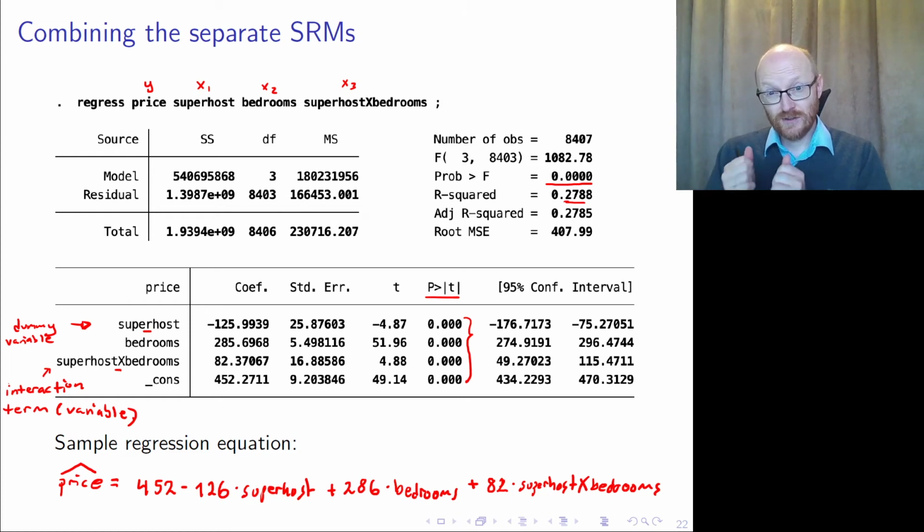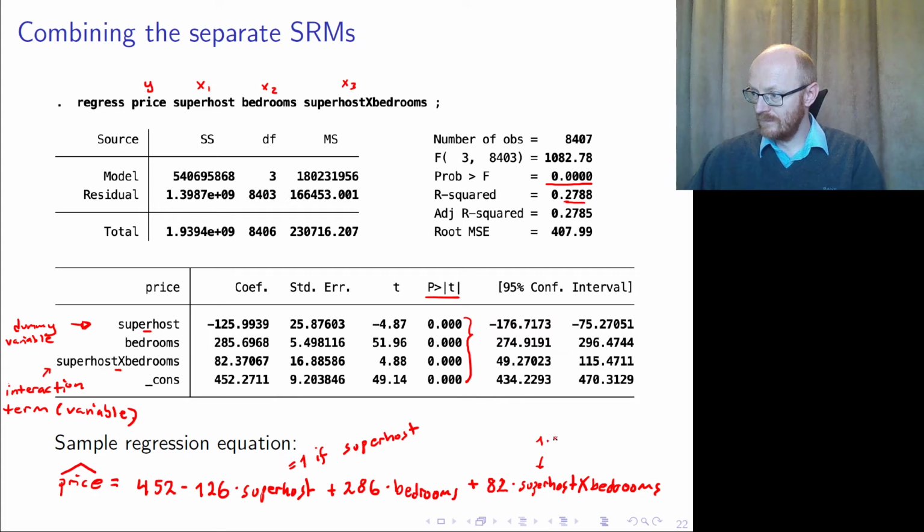Okay, so you need those two information bits to create the value for superhost, which is 1 if superhost, and this is 1 times bedrooms if superhost.